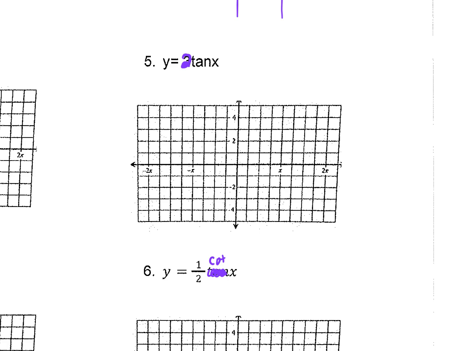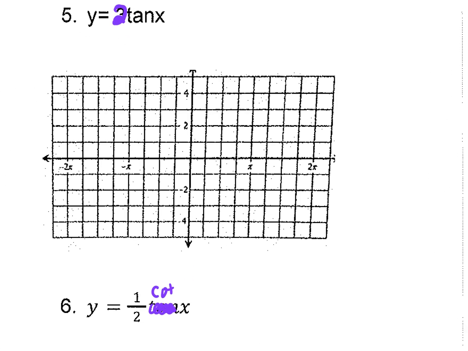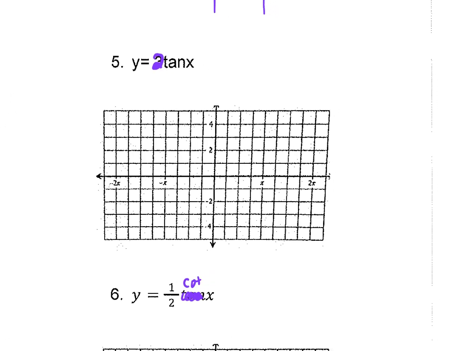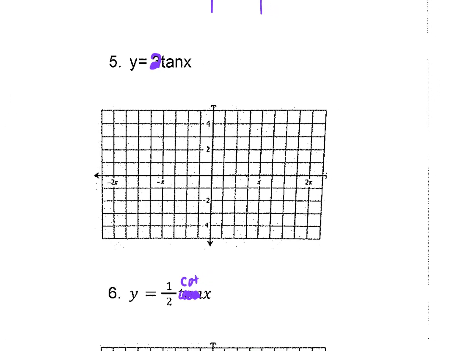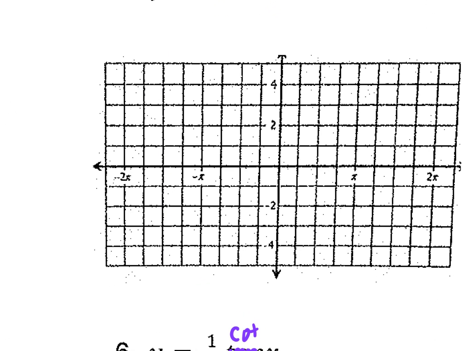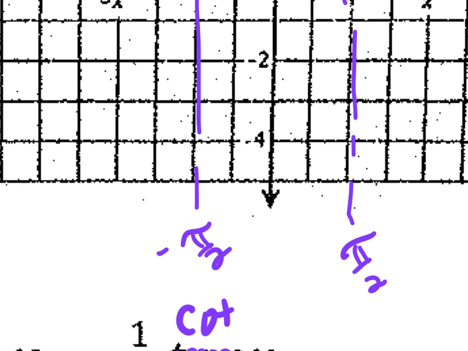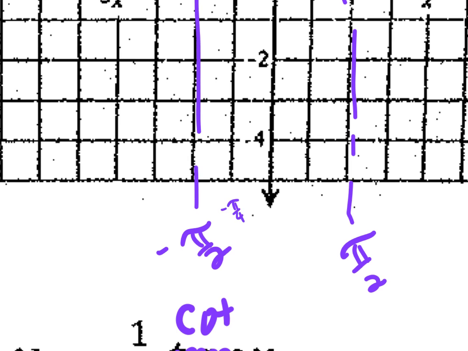All right, so this is a tangent. So where are my asymptotes? Kylie, where are my asymptotes for this 2 tangent x? Okay, there you go. Negative pi over 2 and pi over 2. So let's get our negative pi over 4 and positive pi over 4 in there also.